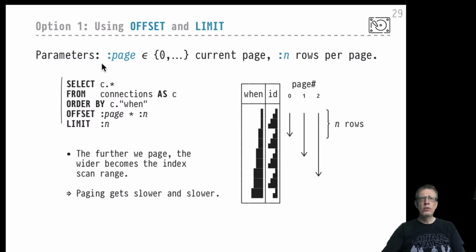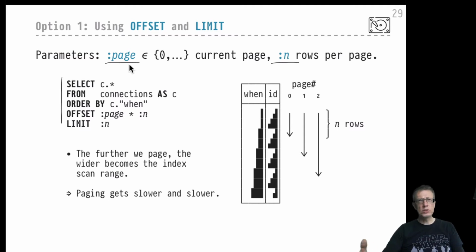This query refers to two parameters, the page parameter and the n parameter. N is just the number of rows that we would like to show in a page. So two slides back, you saw that n would be 3 in this particular example. So that's the number of rows per page. And this would be the current page that we would like to display.